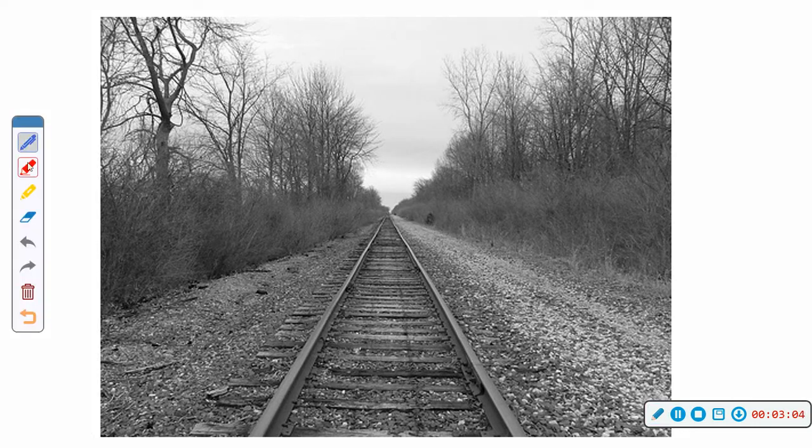Alright, so we're looking at a vanishing point right here and a horizon line that travels through it. Now I apologize, I'm not going to be totally straight since I've got a mouse to work with. Alright, did you get that one right? Let's try a different one.